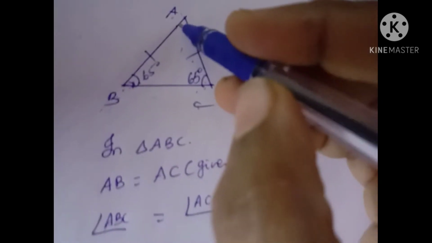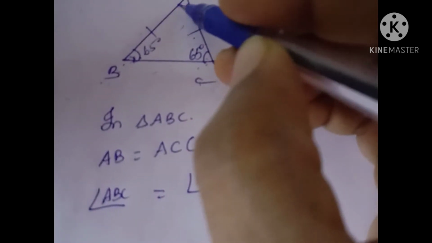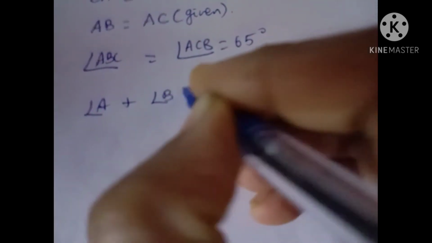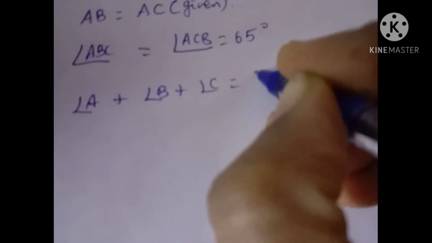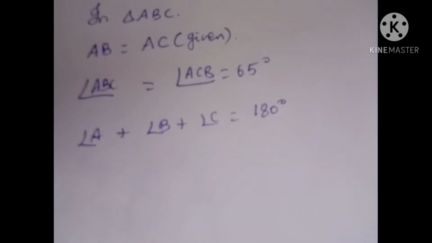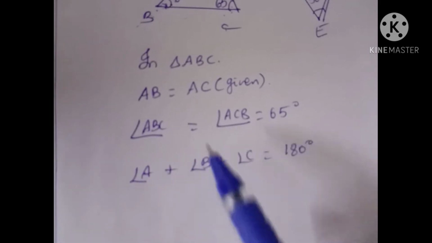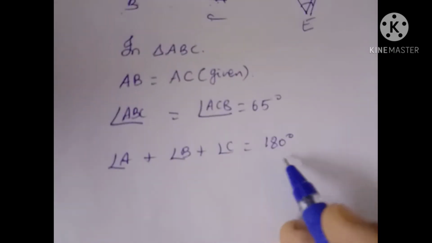Now using the angle sum property, we will find out the third angle value. Angle A plus angle B plus angle C is equal to 180 degrees. Angle sum property you all know very well: the sum of the three angles of a triangle is equal to 180.